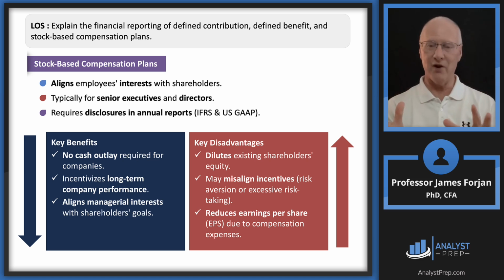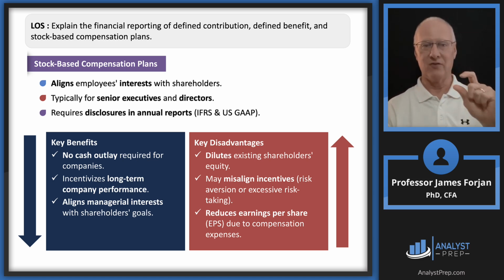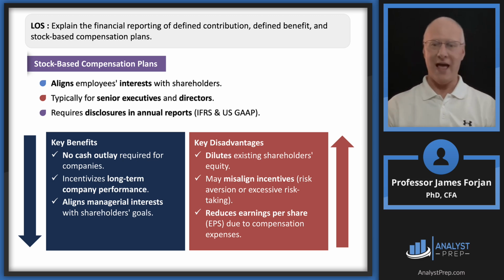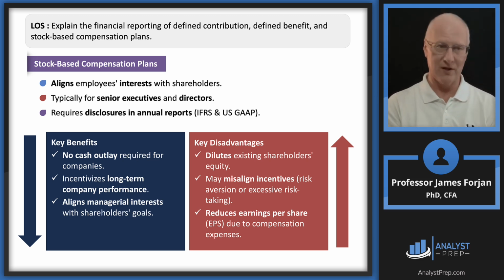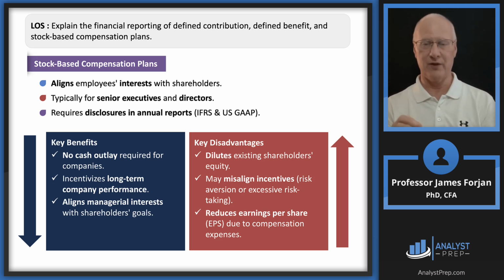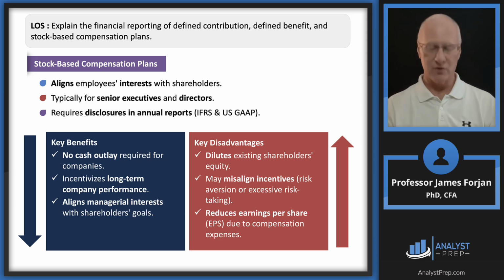So be prepared for a question in which you have an executive that exhibits risk aversion and an executive that exhibits risk-seeking behavior. And so that's what is meant by misaligned incentives. But this depends on the willingness and the attitude of those individual executives towards risk.